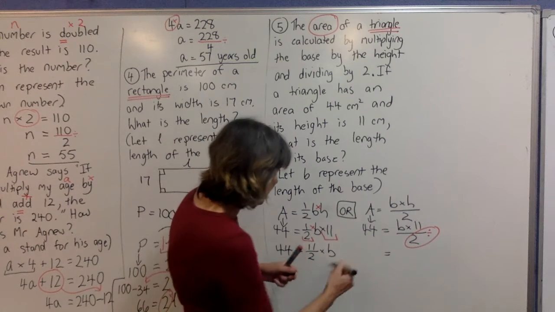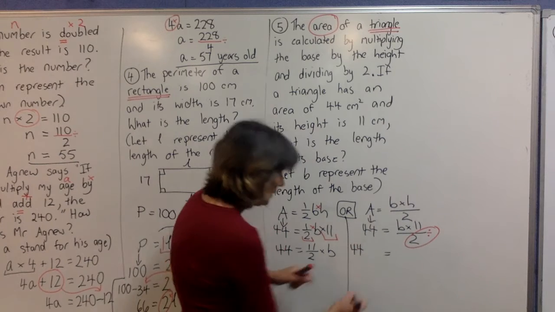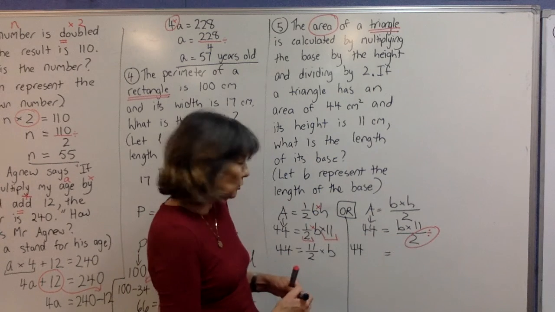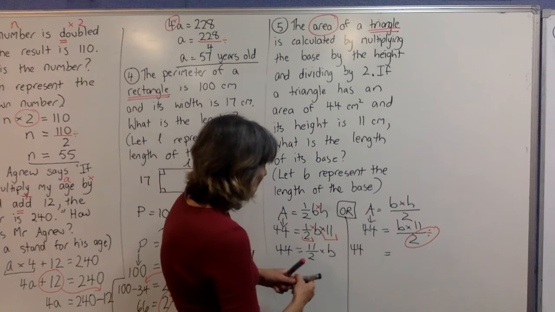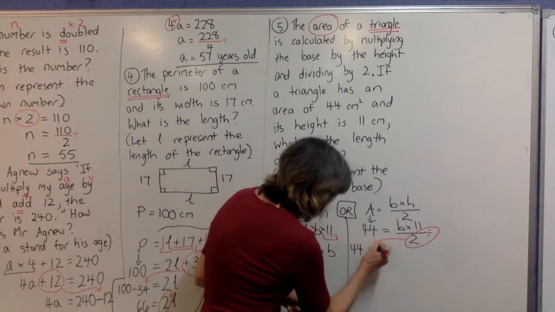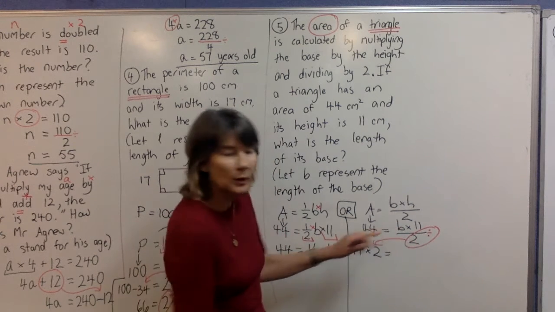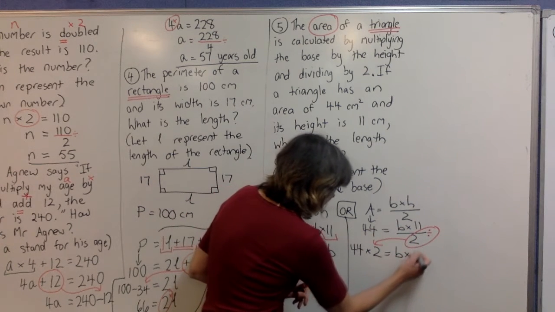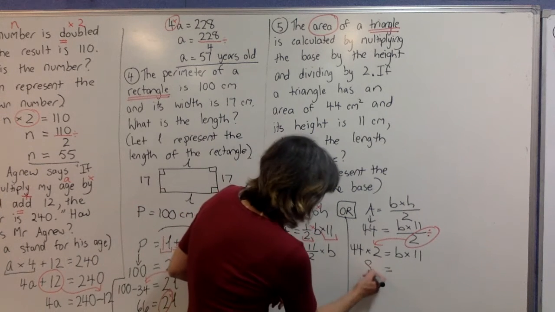So we're going to come over here, copy the 44 down, and then we're going to do the opposite of divided by 2, which is times 2. And that will leave the B times 11 still there. Now, 44 times 2 on your calculator is 88.